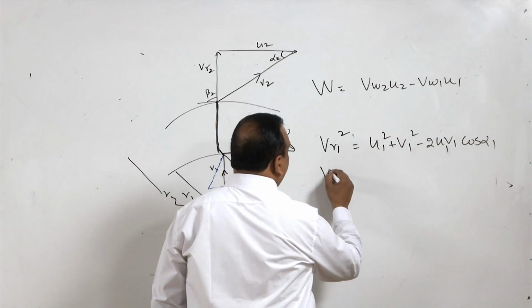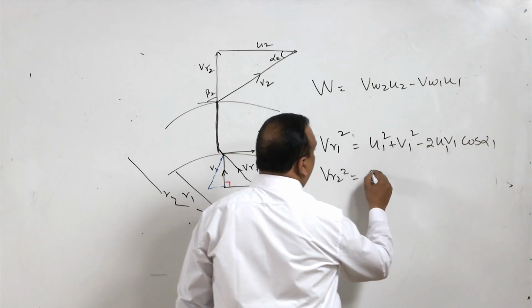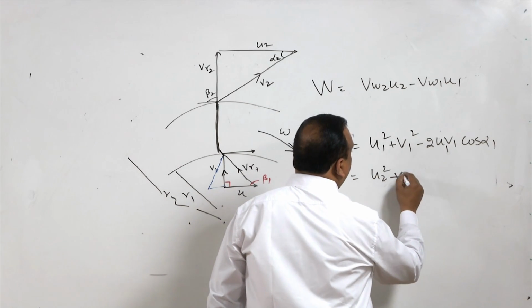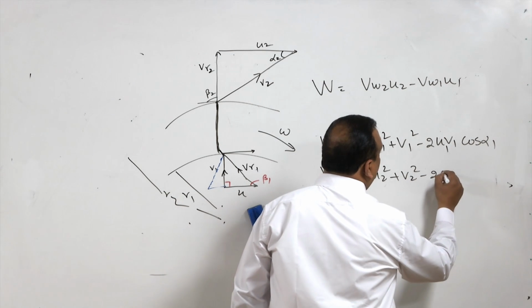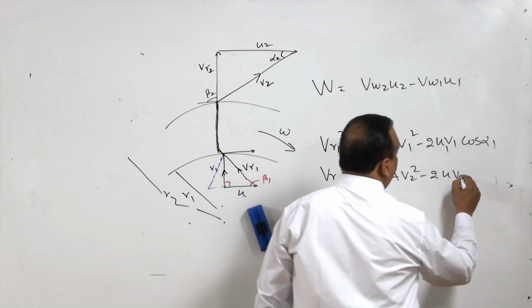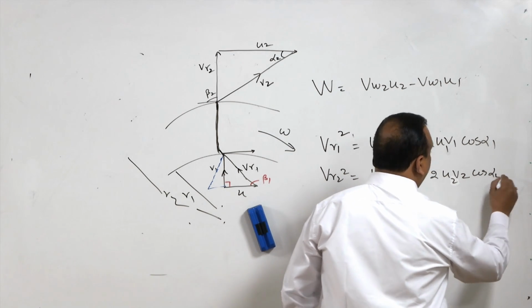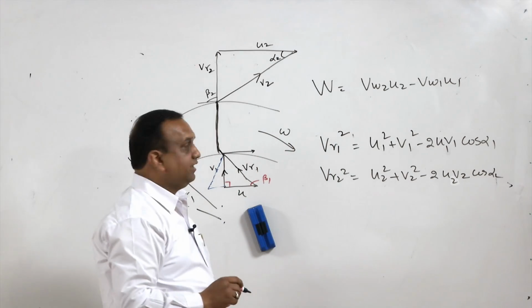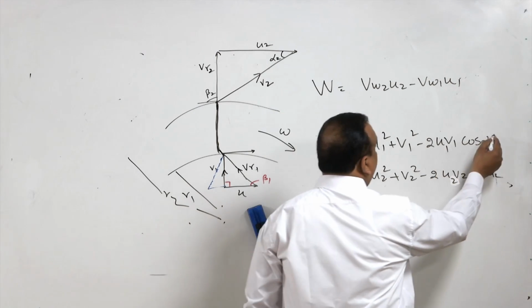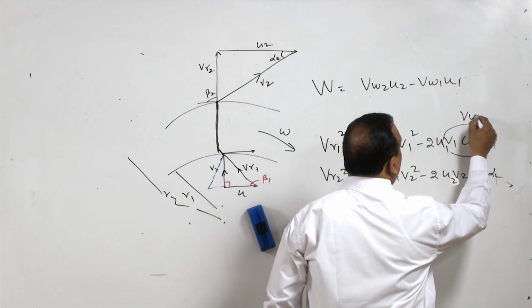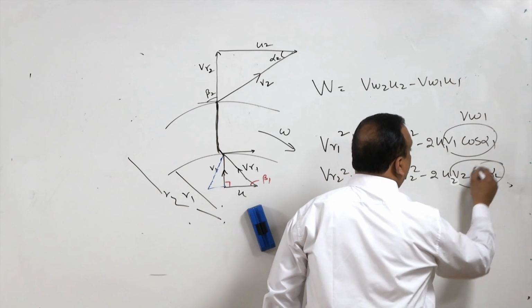Now VR2 square is equal to U2 square plus V2 square minus 2 U2 V2 cos alpha 2, right. Now V1 cos alpha 1 is VW1 and V2 cos alpha 2 is VW2.